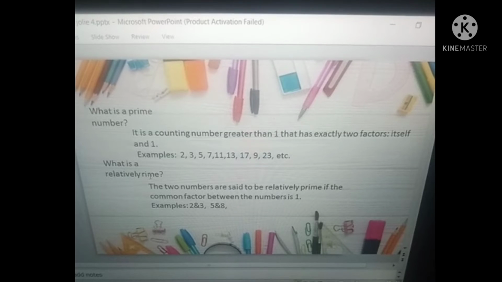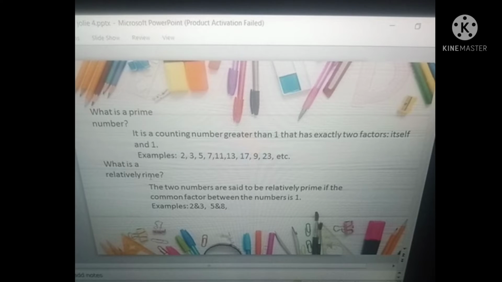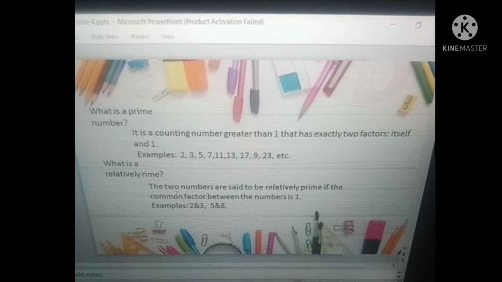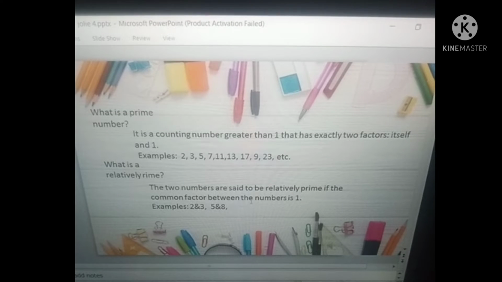Then we are now at relatively prime. What does the word relatively prime mean? How do numbers become relatively prime? The definition: two numbers are said to be relatively prime if the only common factor between them is 1.